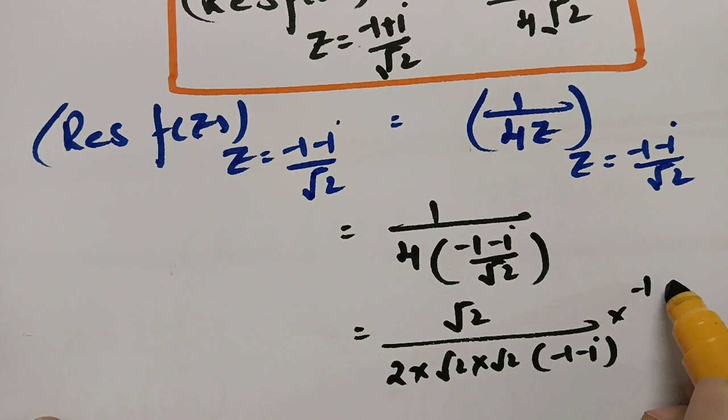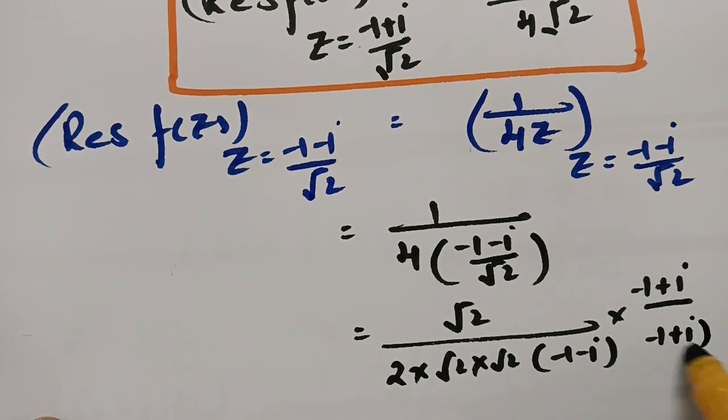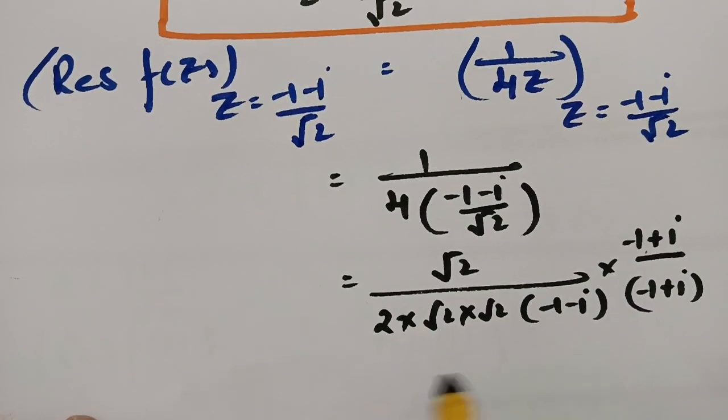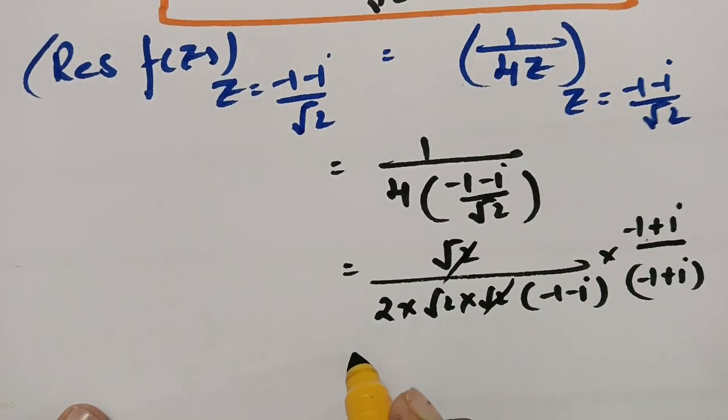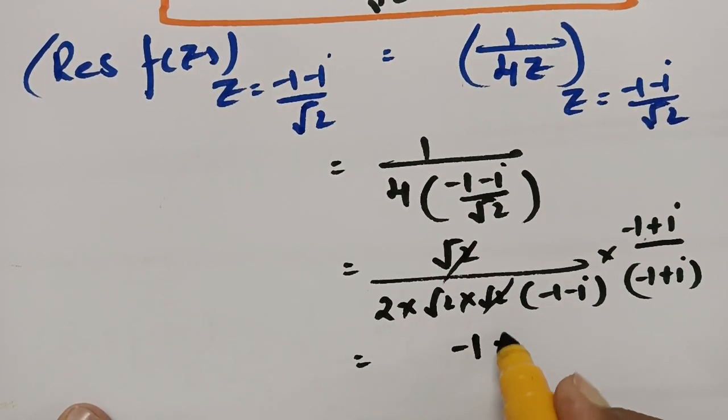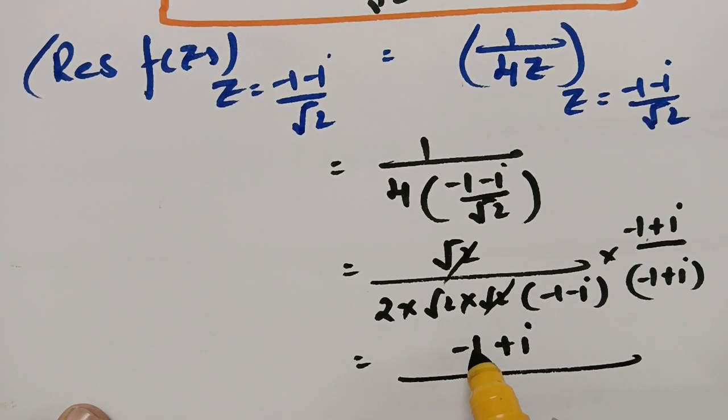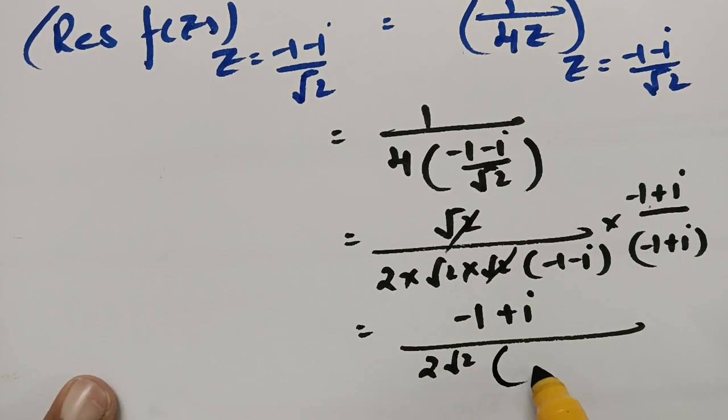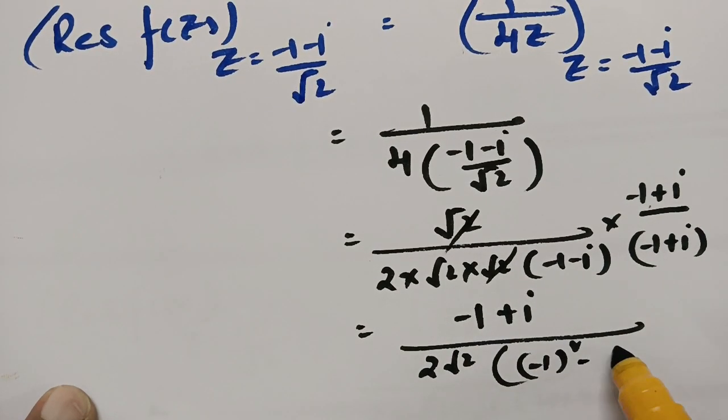So if I multiply with (-1 + i) in the numerator as well as the denominator, and see this value, if I cancel this √2 in the numerator, this will be (-1 + i) into, so this is 2√2, and this is again (-1)² minus i².